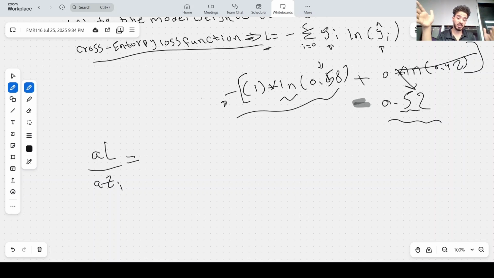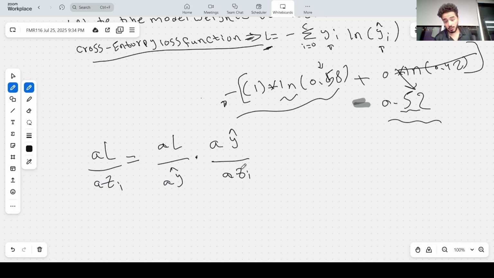So how can we actually get dL by dZi? We will use the chain rule. Here we have the loss, so we will get simply dL by dy hat times dy hat by dZi from the softmax function. This way we can get and minimize the loss.